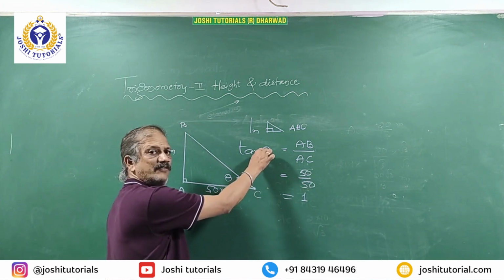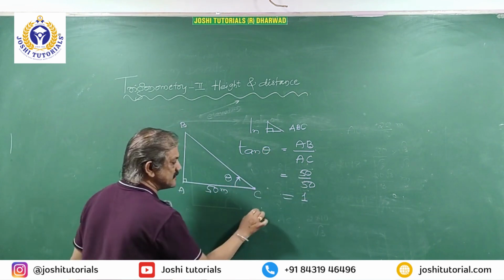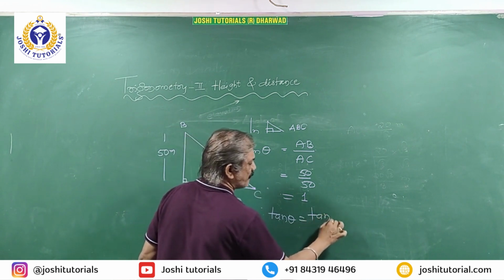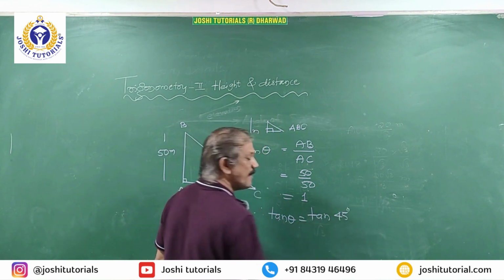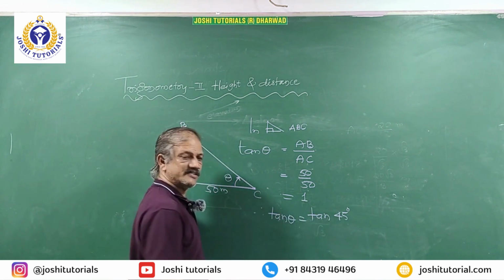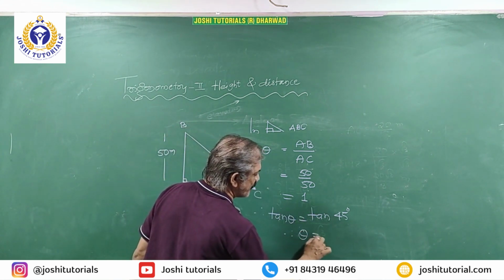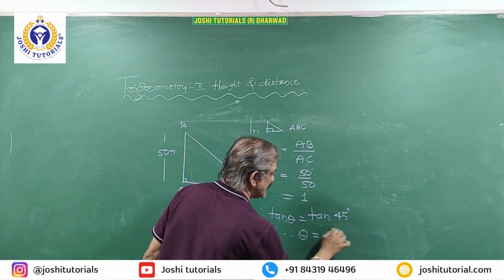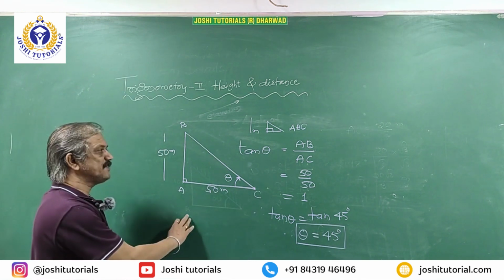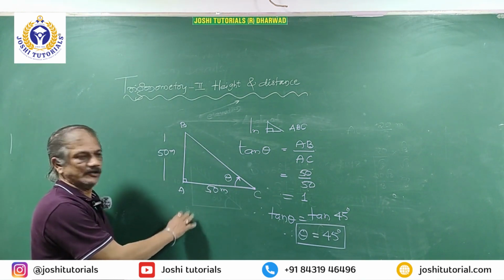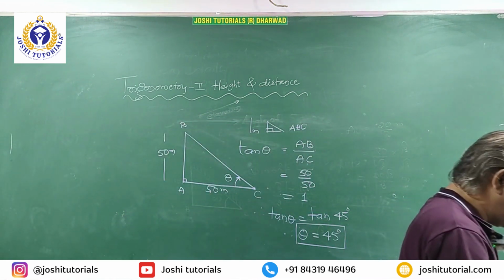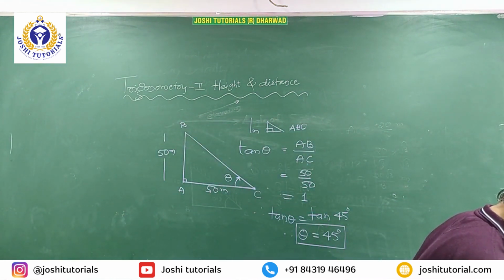For which angle is tan theta 1? Therefore tan theta equals tan 45 degree. You must know the value. Tan 45 degree is 1. Therefore, angle of elevation, that is theta, is going to be 45 degree. This may be asked for a 1 mark question. Observe it. I go to the next kind of problem.